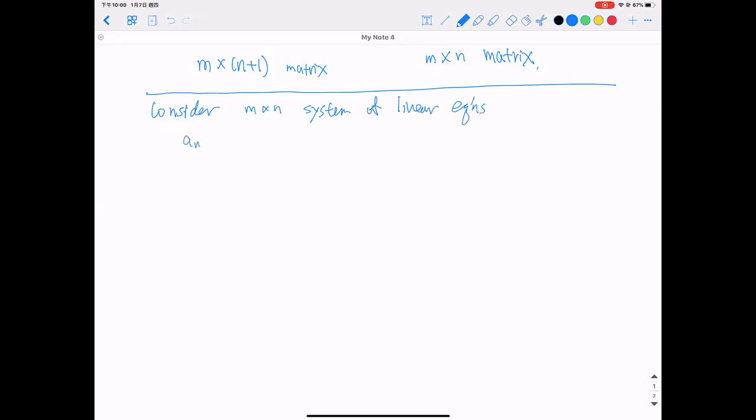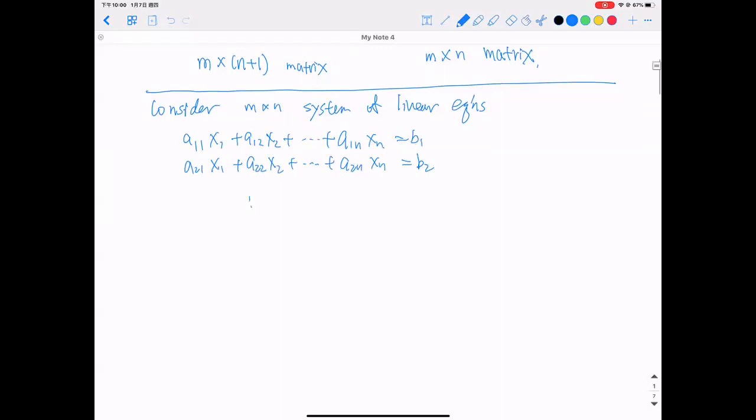And as you may recall, in its general form it is the following: a11x1 plus a12x2 plus ... plus a1nxn equals b1, a21x1 plus a22x2 plus ... plus a2nxn equals b2, and so on up to am1x1 plus am2x2 plus ... plus amnxn equals bm.